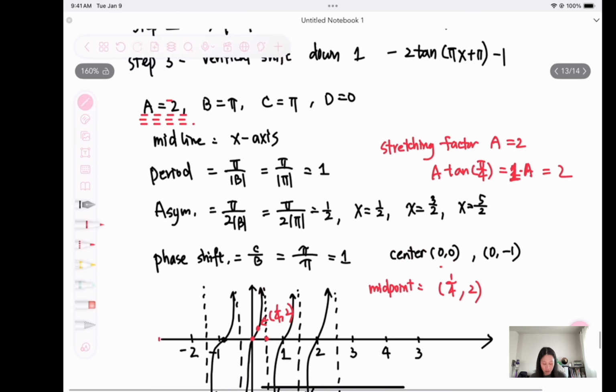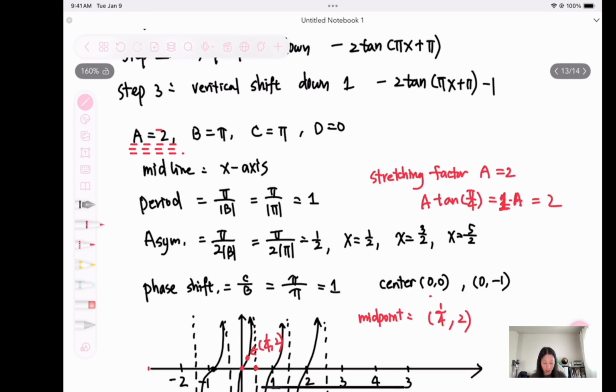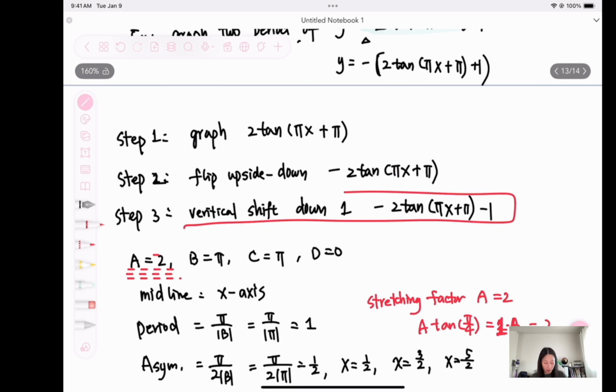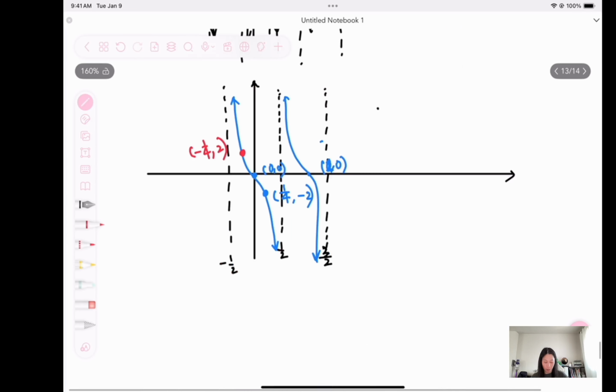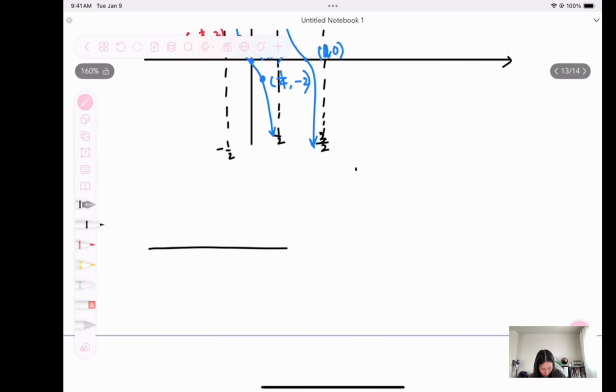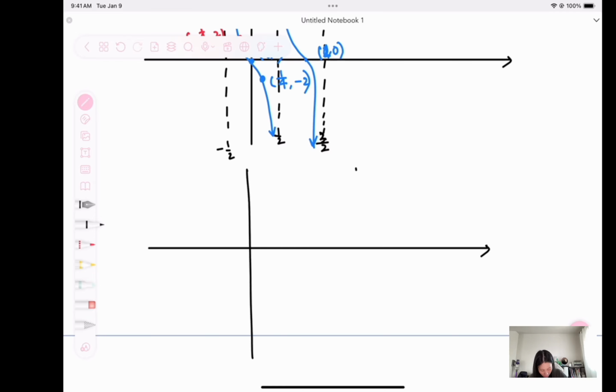Okay, so step 3, what happened to step 3 is you want to have a down 1 that gives you the vertical down 1. Okay, let's do it. Again, we draw this all over again. If you have 3 steps, I want you to draw 3 graphs.